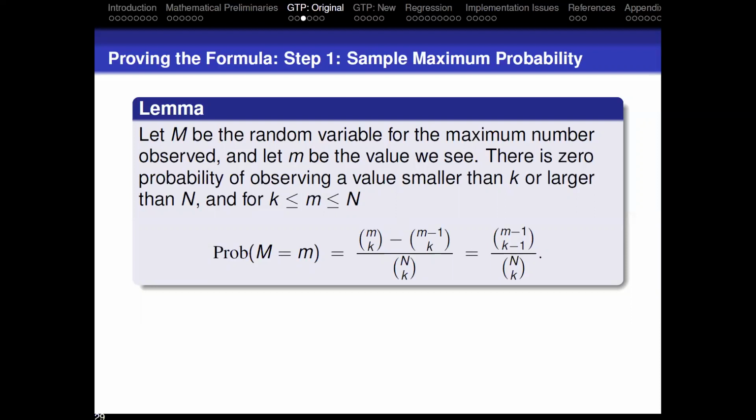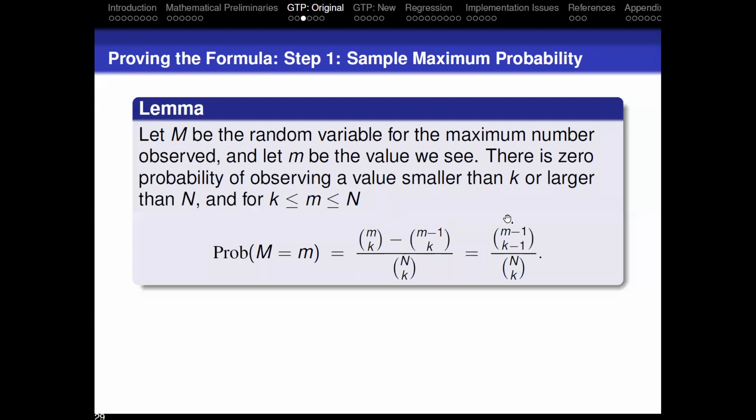But not all of these will have m as their largest serial number. So we subtract all the ones that have nothing larger than m minus 1, and then we'll be left with the number of choices of k tanks that have m as their largest.